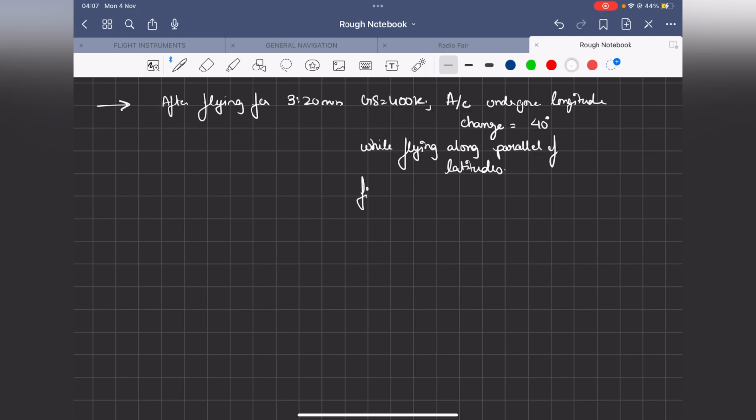What is this latitude? Find the latitude of aircraft.